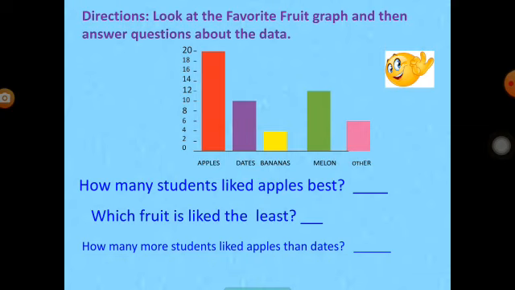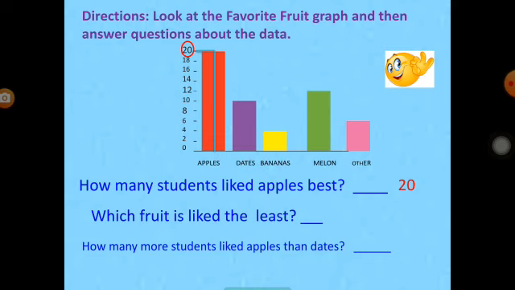Okay, let me go to the first question. How many students liked apples best? So, we start from 0 for apples until we reach the end of the bar. So, our answer will be 20. Excellent.